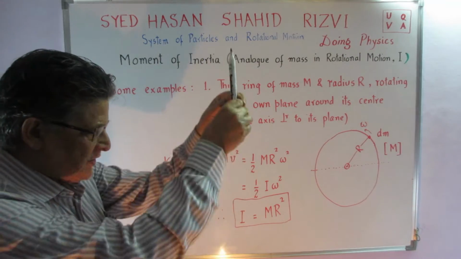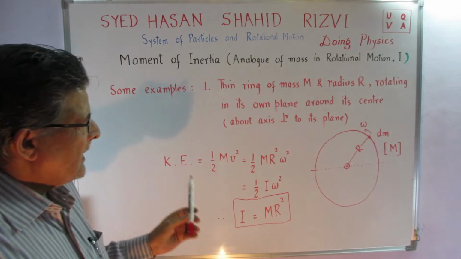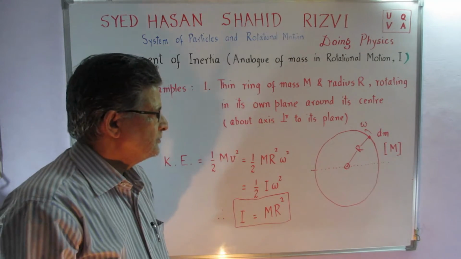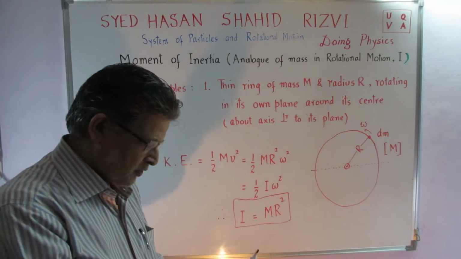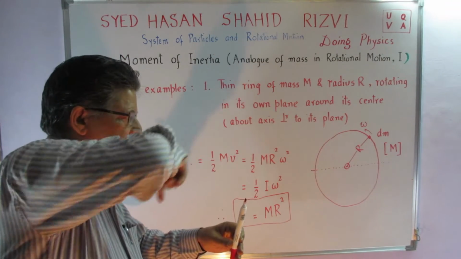So this axis is perpendicular to the plane in which the rotation of the ring is taking place.